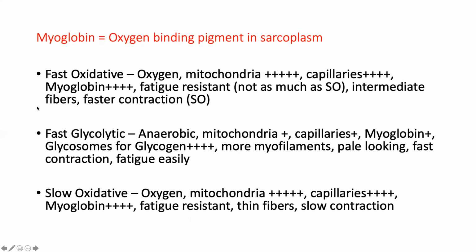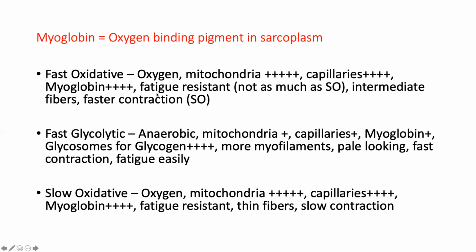So let's go to the fast oxidative fibers. Oxidative fibers, of course, although they contract fast, are still using oxygen. So the same as slow oxidative fibers, lots of myoglobin, lots of capillaries, lots of oxygen consumption, and they use the mitochondria to produce energy.